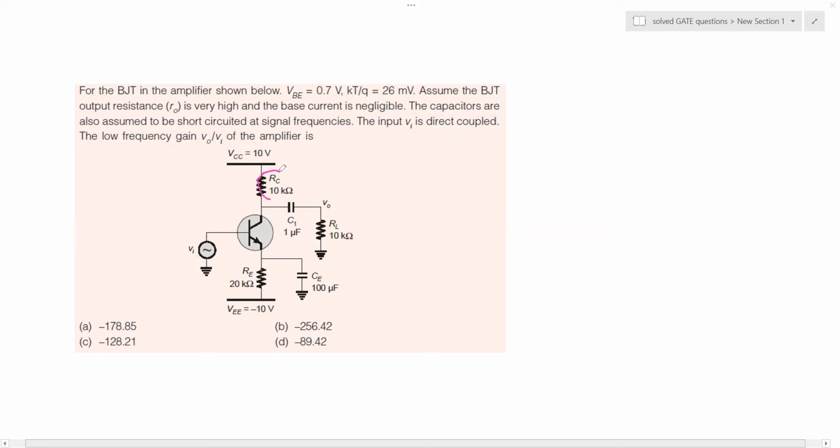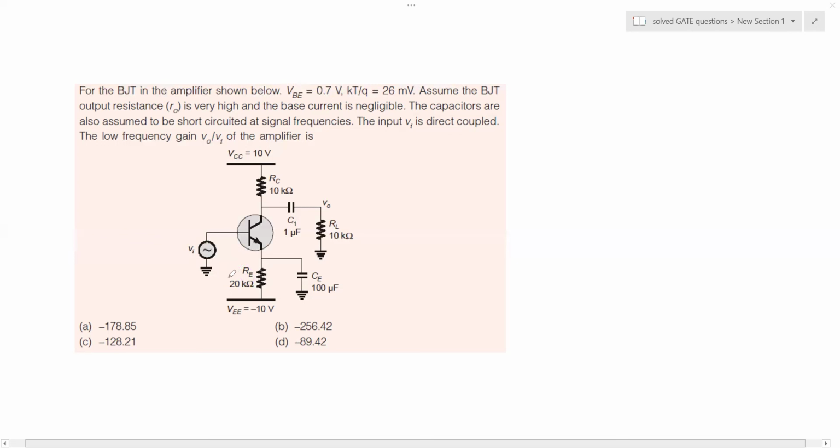The resistance RC is connected from the collector to the DC power supply, and there is this emitter resistance RE. We know from our previous discussion that it is also called the degeneration resistance.